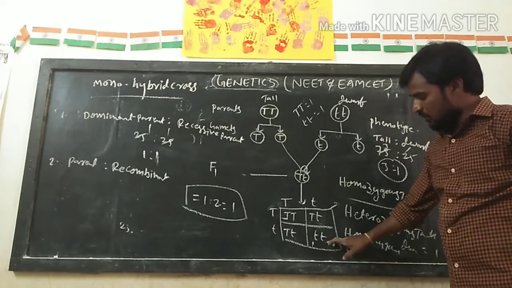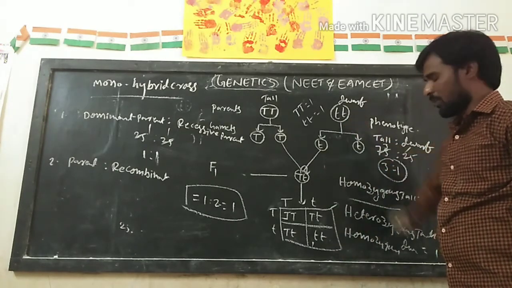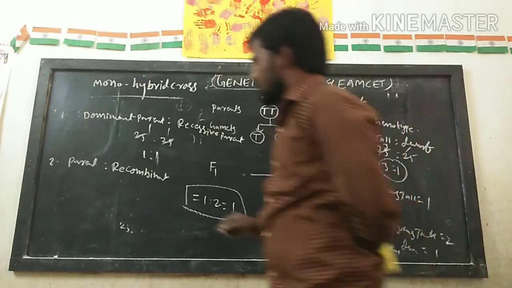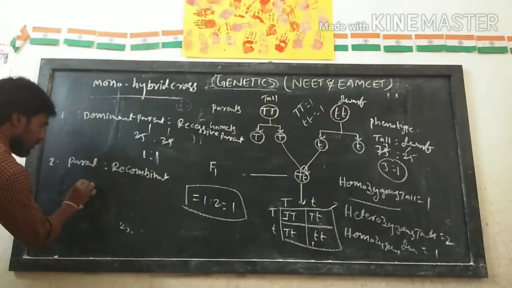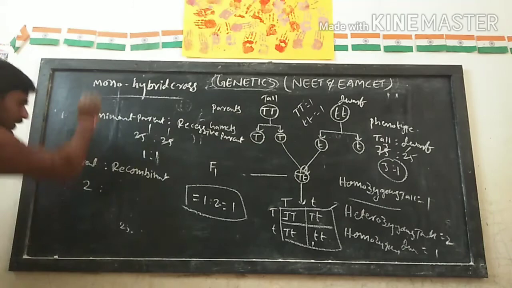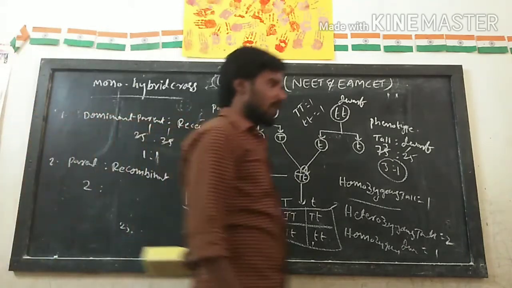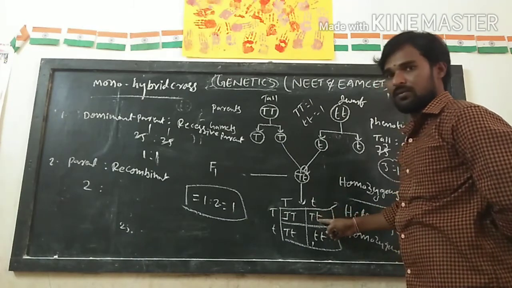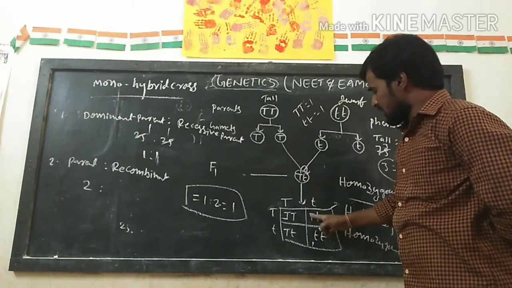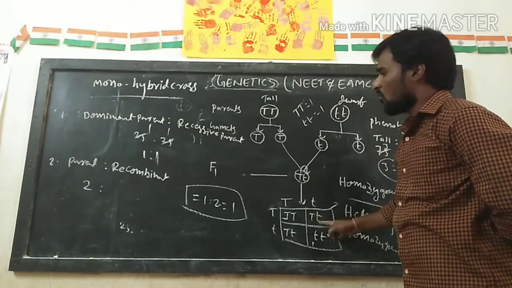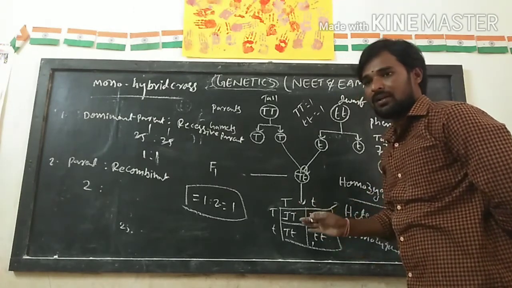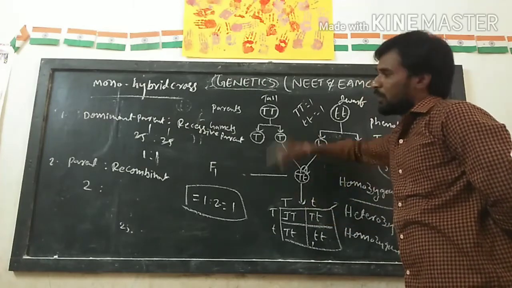Here small t is the dwarf parent. How many parental traits are there? 2. So here the parental ratio is 2. Recombinant means one is tall and one is dwarf in the 2 genes. Such plants are called recombinants. The recombinant plant is the plant containing both parental characters.